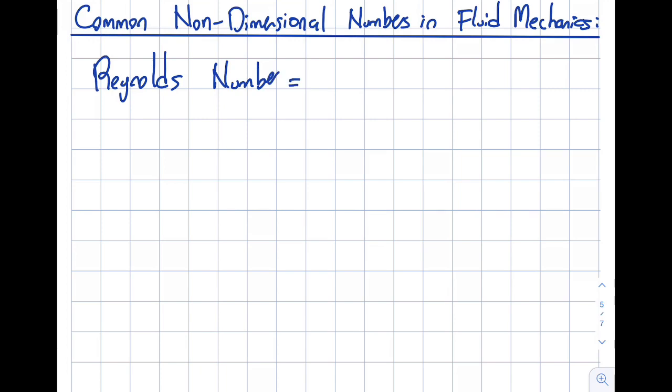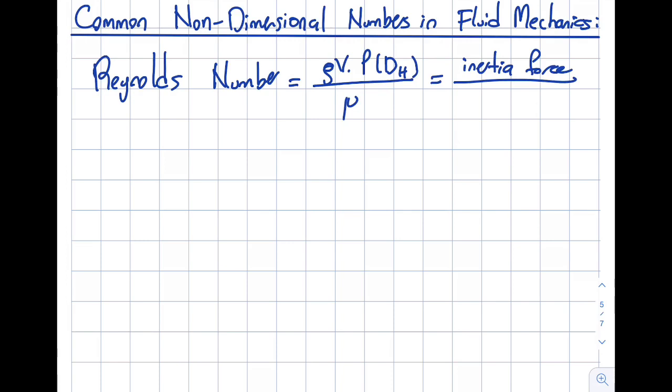And the formulation is rho v, some kind of a length, and this can be diameter, hydraulic diameter sometimes, divided by the viscosity. Okay, and this is inertia force to viscous force. Reynolds number can be used to predict when the flow transitions from laminar to transition or to turbulent flow.